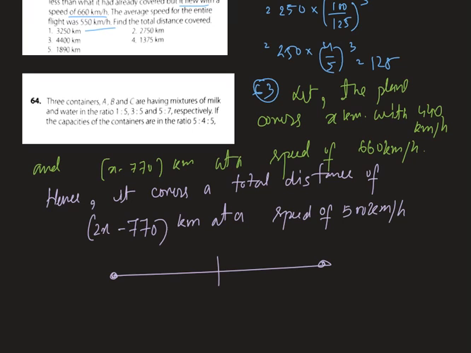Okay, therefore suppose this is x and this is x minus 770.